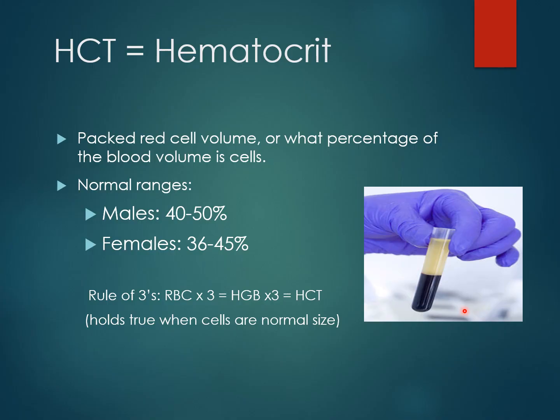And it's a formula that holds true, but only when you have normal-sized cells. So no hypochromic or macrocytic or microcytic cells. You really need to have a normocytic size. So your MCV would have to be between 80 and 100 femtoliters for that to work.